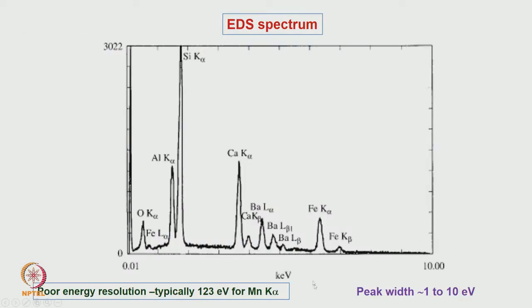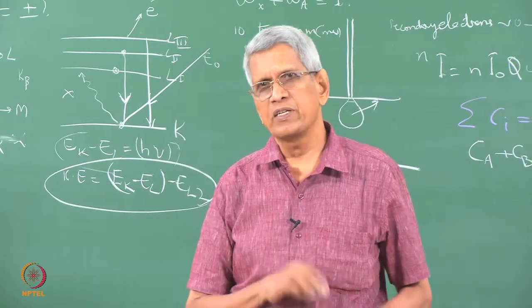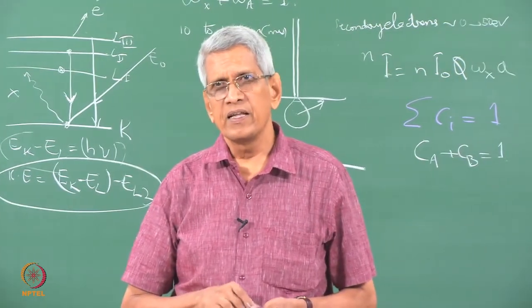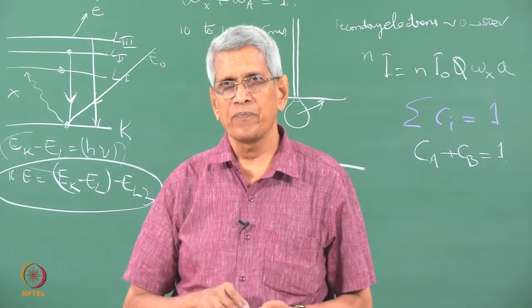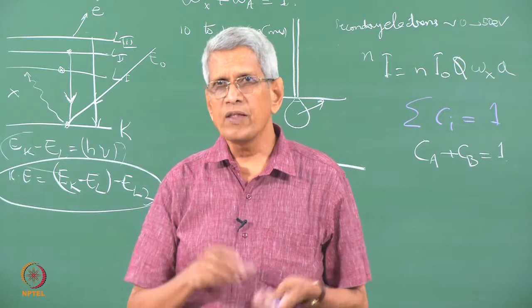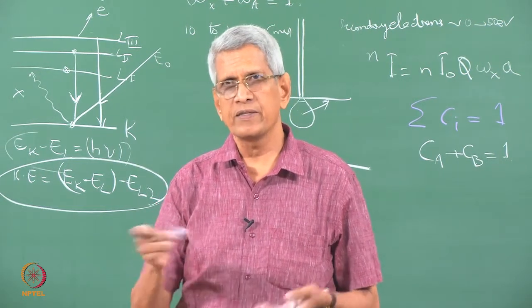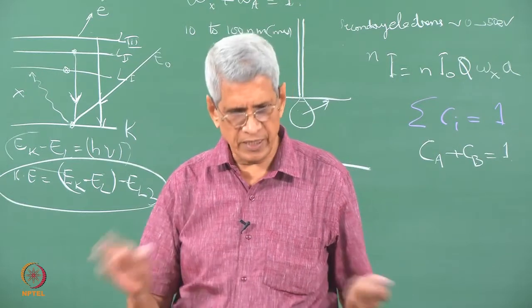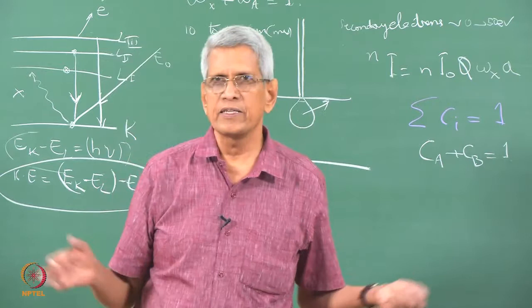in real cases. Okay. And generally the signals which are being generated, if you look at the line width of these X-rays, they are going to be from 1 to 10 electron volt. Okay. But the normal resolution which we talk about in EDS attached to an SEM or a TEM is about something like 120 to 130 electron volt.